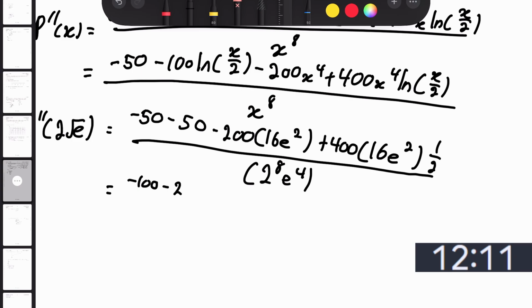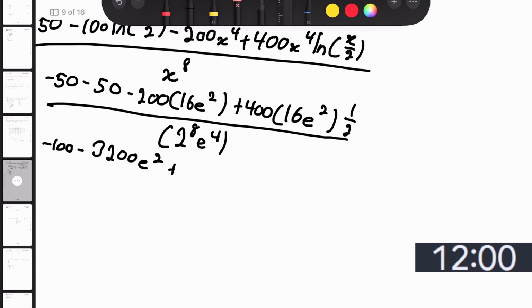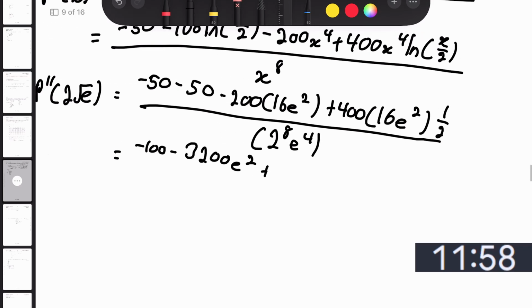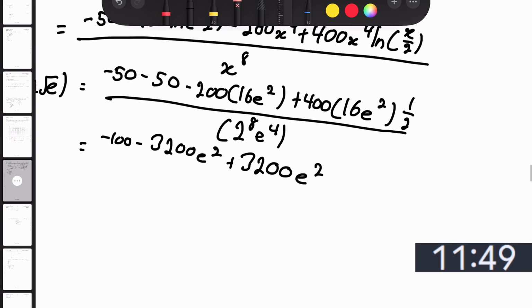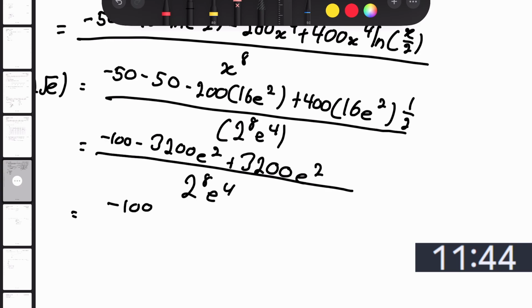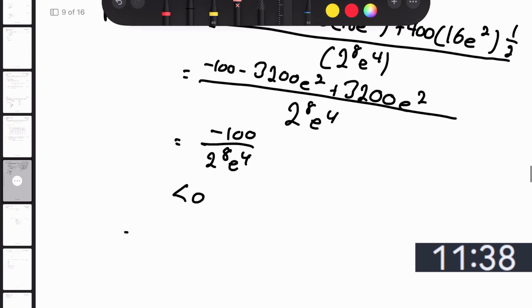Negative 100 minus 200, so 3200 e squared plus times 8, 3200 e squared all over 2 to the power of 8 e to the power of 4. So negative 100 over 2 to the power of 8 e to the power of 4 is going to be less than 0. Therefore, maximum as required. Ew, that was not fun.